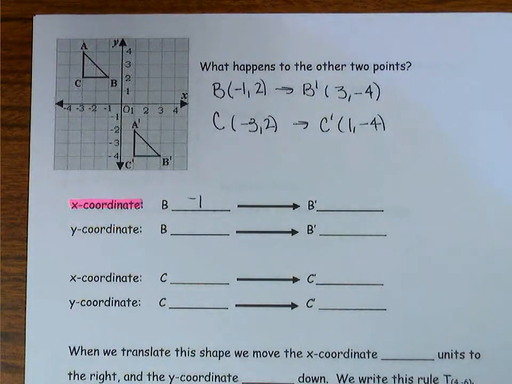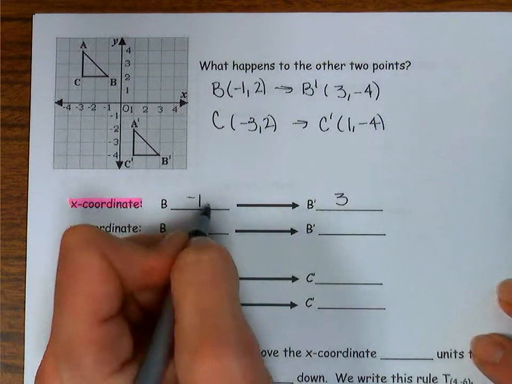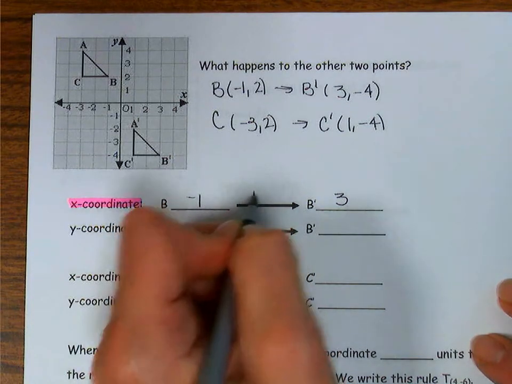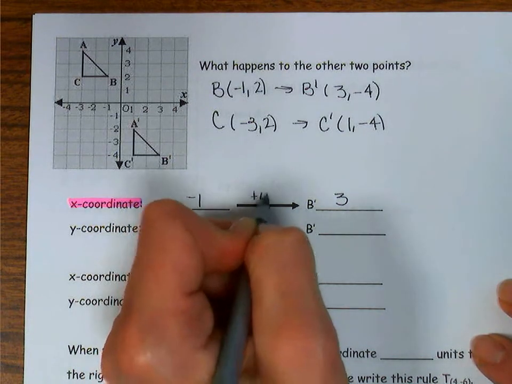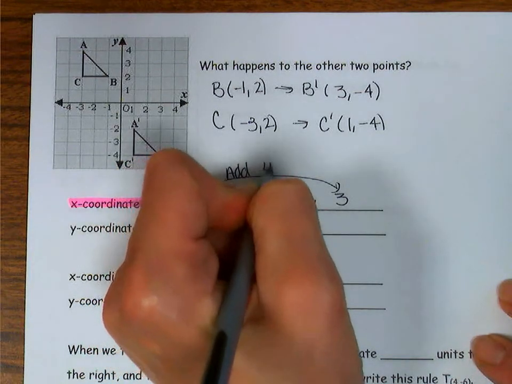So my X coordinate of B is -1. And B prime happens to be a +3. So what do I have to do to a -1 to get to a +3? Well, I know a -1 plus 4 is going to give me a +3, so I'm adding 4.